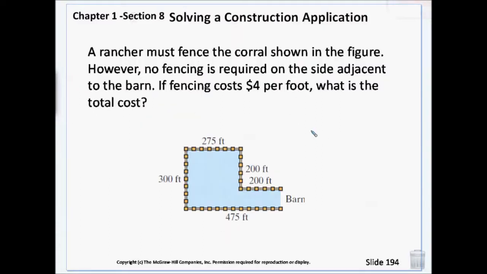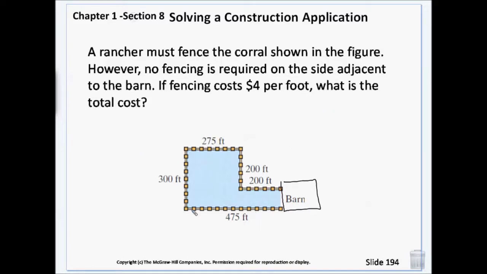We've got a fence or corral shown in the figure. However, no fencing is required on the side adjacent to the barn because, well, you've got a big old barn right there, so you don't actually need a fence. You've got the barn wall, right? If the fencing costs $4 a foot, what is the total cost? Well, first we have to find out how many total feet of fencing.